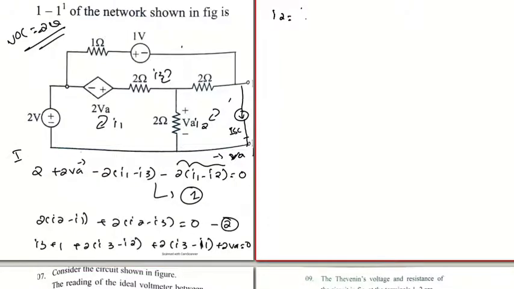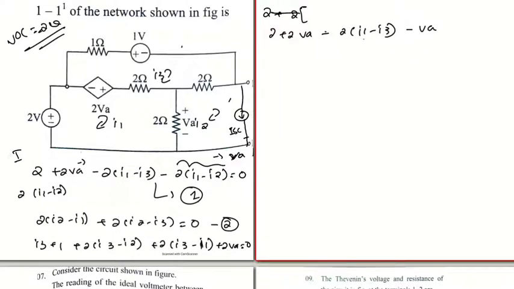Let's solve the equation then. So the first one is 2 into 2 VA. Instead of VA, we are going to write 2 into I1 minus I2. So I am taking the first equation, minus 2 into I1 minus I3 minus VA.